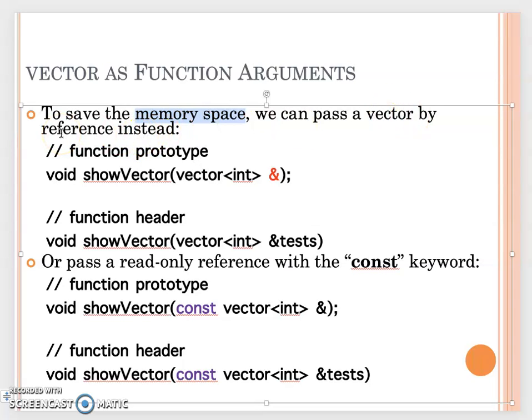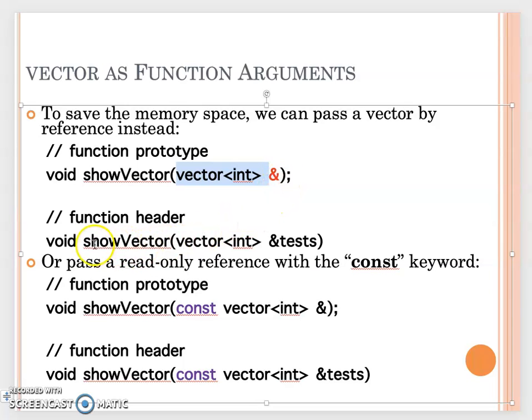When you pass by reference, you are just passing the location, which only needs 4 bytes or 8 bytes for the memory location. So when you want to pass the vector by reference, you still have your vector data type, and then we add the ampersand.